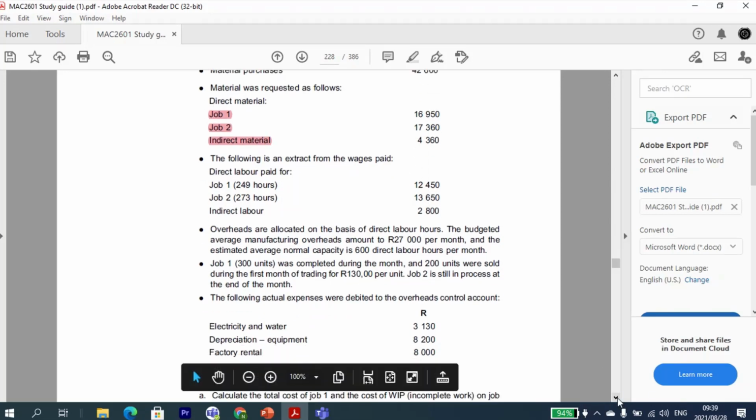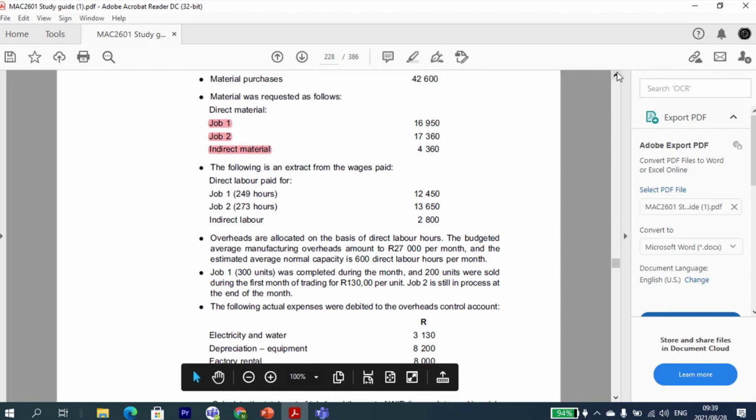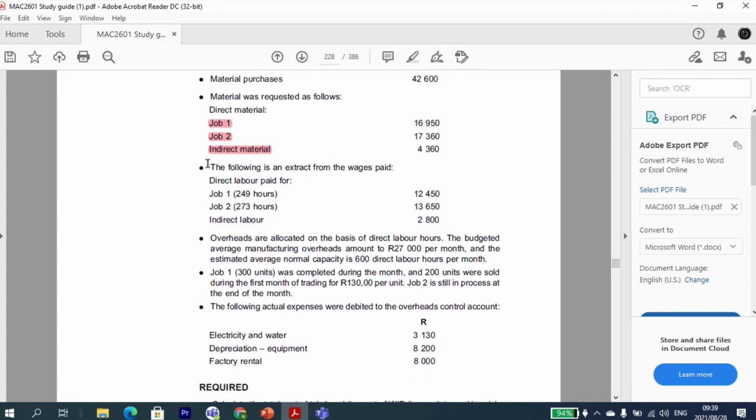Okay, that is the breakdown of that 42,600. Then they give you an extract for the wages that were paid. For job 1, it took 249 hours, and therefore this is the total cost. Job 2, 273 labor hours.